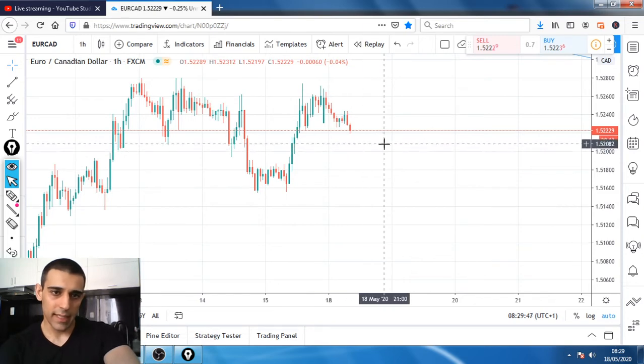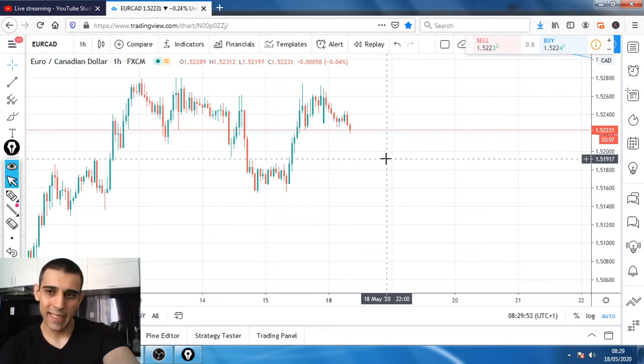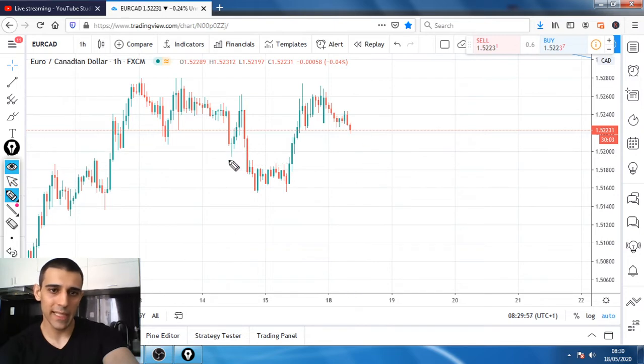So in this case, if the price comes down to 51.90, 51.92, roughly about 51.92, I do want to see the price coming down, taking out this spike low down here, and also a strong bearish close.